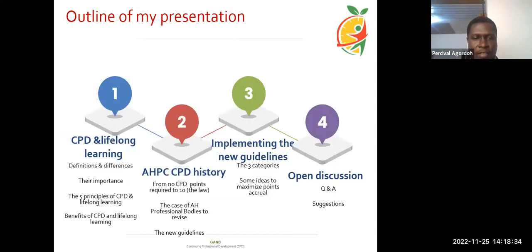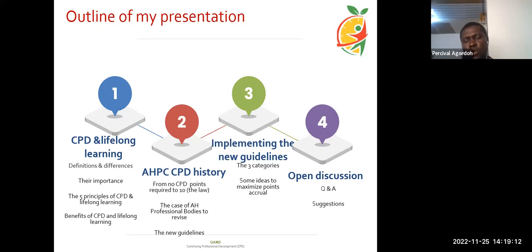Now, I've decided to focus on three things. Number one, give us a background to why CPD and lifelong learning are important and the benefits thereof and the principles that underpin that. And then come down to the Allied Health Professions Council. As far as I can remember, it's only a recent creation of the law. It was passed in 2013. And I'll try to recollect the history that we've had with CPDs in Ghana so far, as Allied Health professionals are concerned.